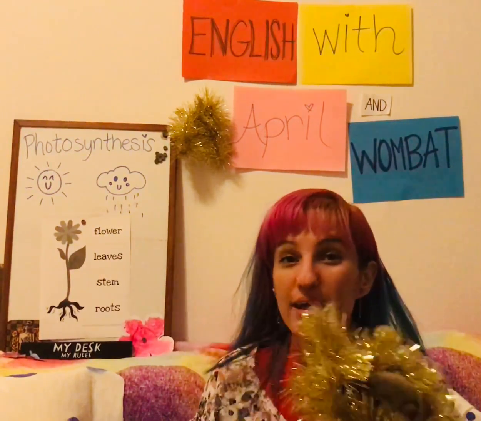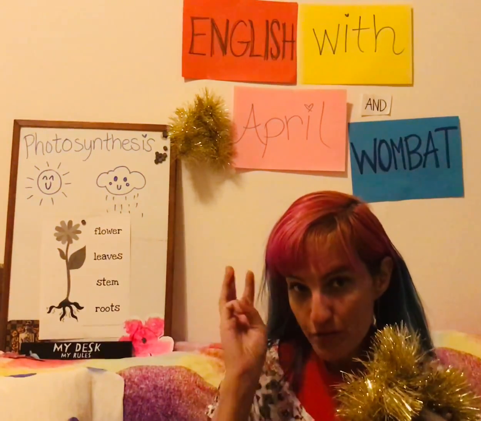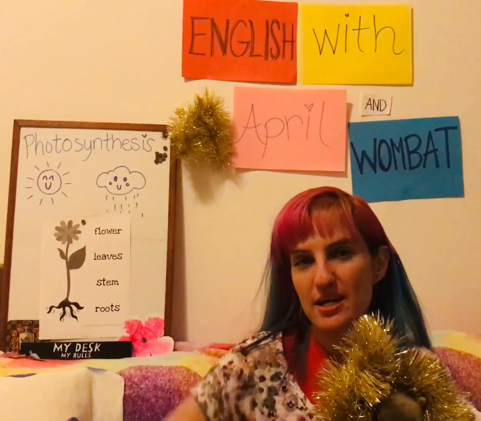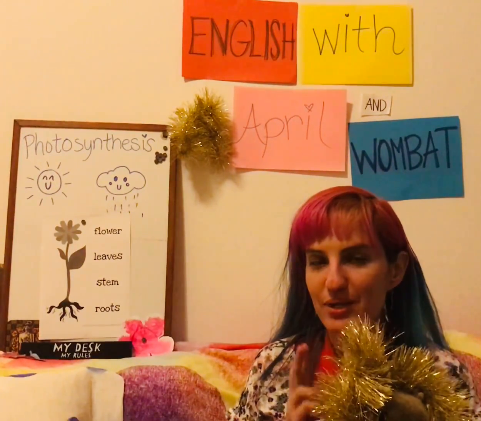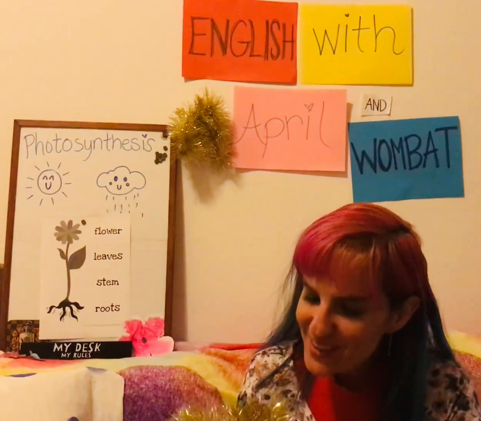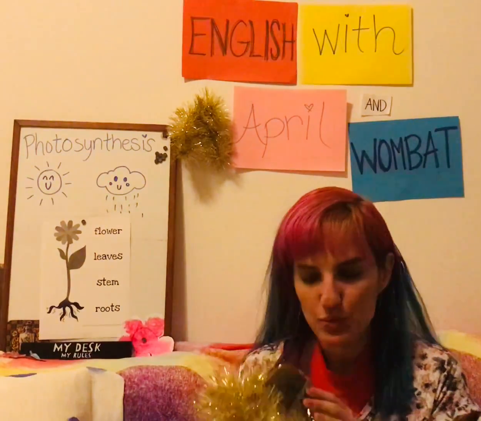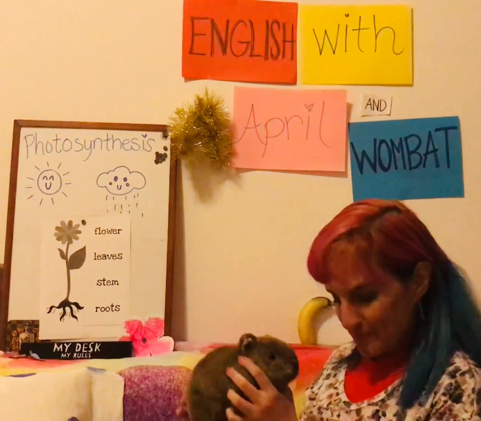He told me to ask you, if you like his necklace, on the count of 3, raise your hand and say, I like it. Ready? 1, 2, 3. See, I told you they liked it. You don't have to worry. So Mr. Wombat is going to sit right here so we can get started with the lesson today.